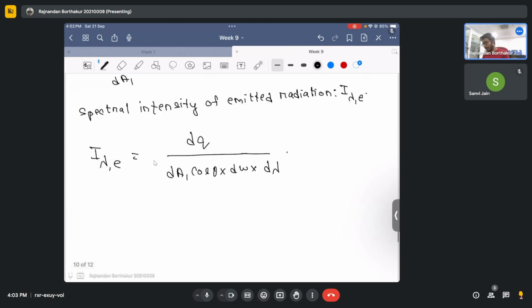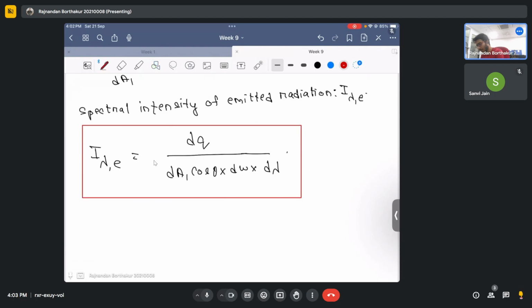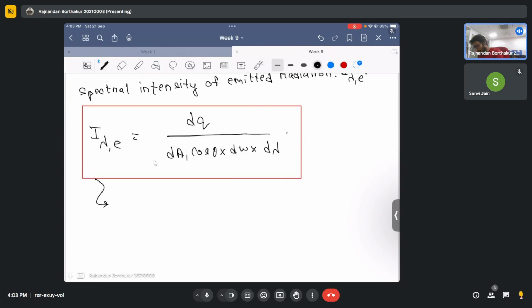This is the mathematical definition of the spectral intensity of emitted radiation. It can be defined as, I'll write it down.